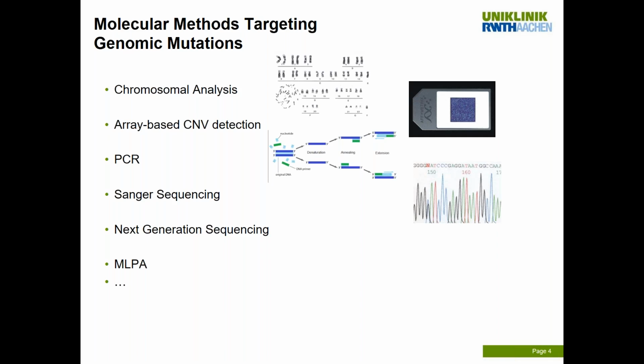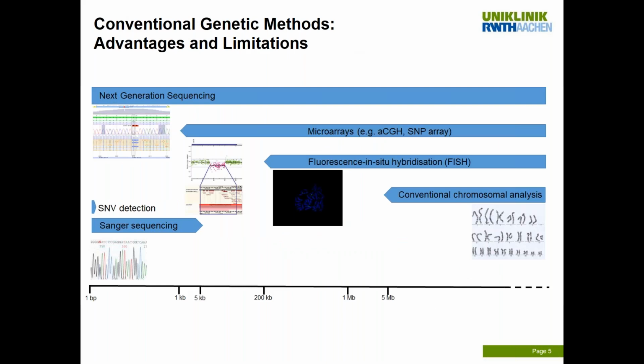It is complemented by Sanger sequencing, targeting single sequence variants or single monogenetic diseases like cystic fibrosis. But then, of course, we have established and implemented next generation sequencing. And we have additional methods which help us to further define and characterize molecular alterations like MLPA or quantitative PCR.